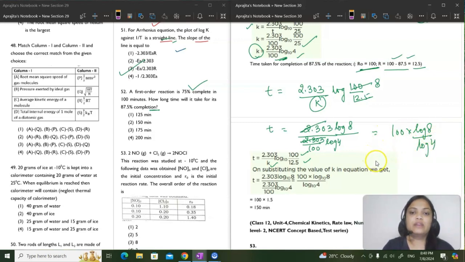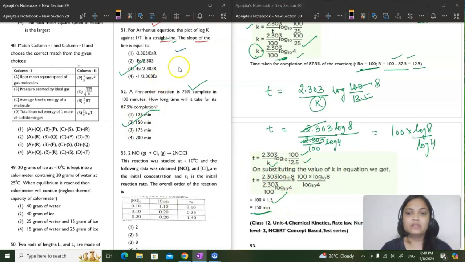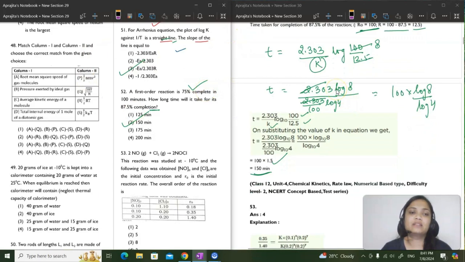You can write it as log 8 minus log 4 and solve it. It will come out to be 1.5. So the time will be 150 minutes. It means in 150 minutes the reaction will be 87.5% complete.